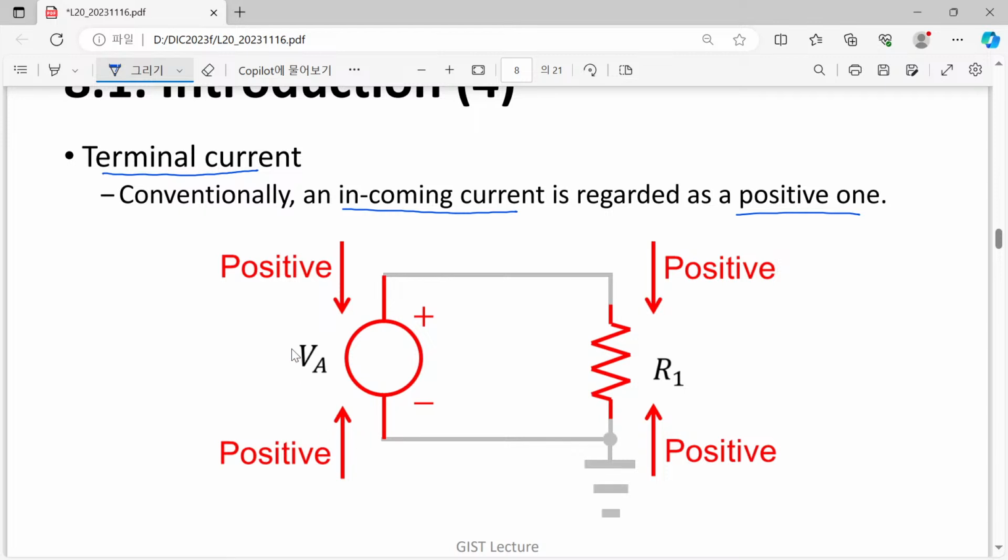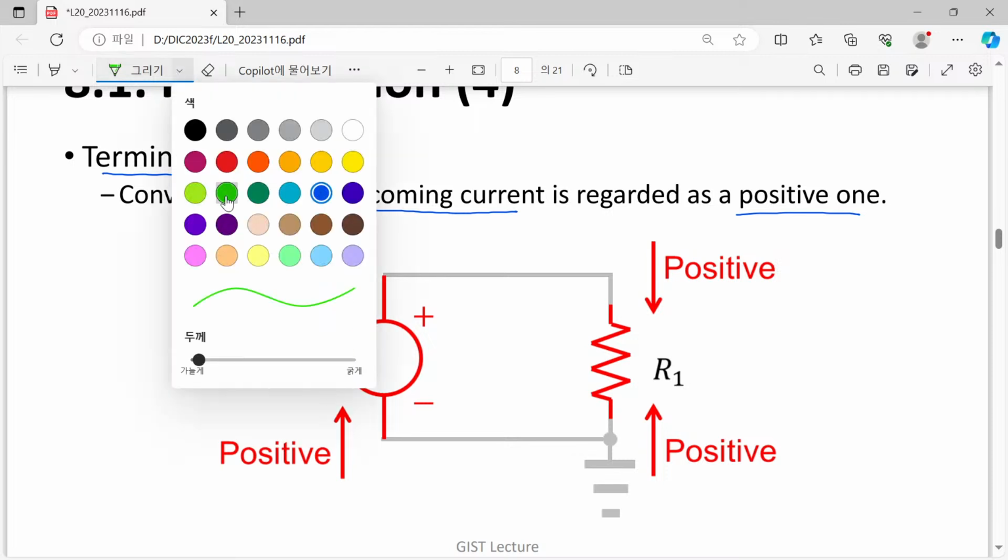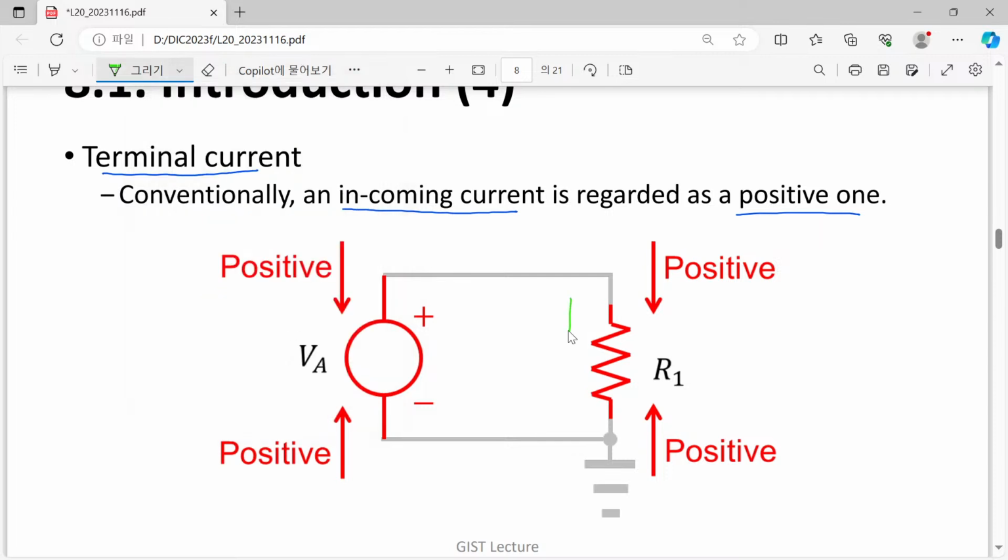So please think about this voltage source. Of course, if we wanted to analyze this circuit, then we would understand immediately that the current will be VA over R1, but it means that this current flows this way, and this way, and this way.